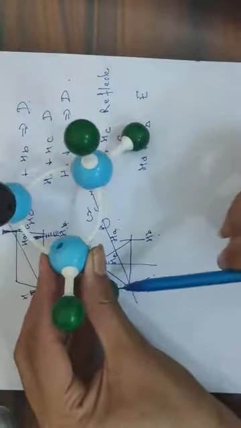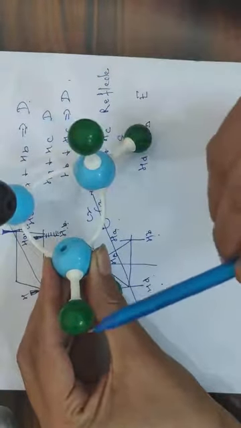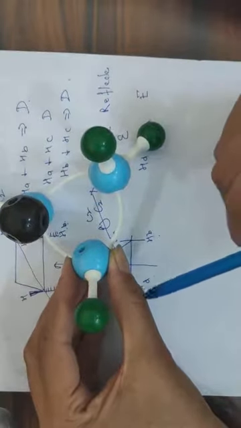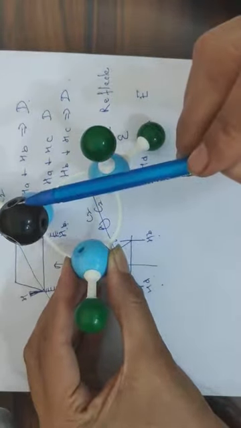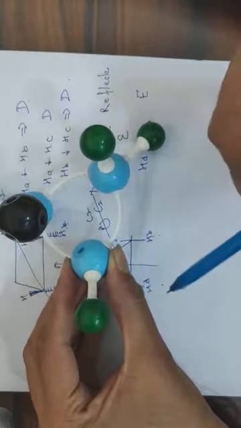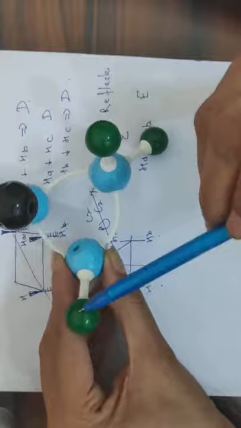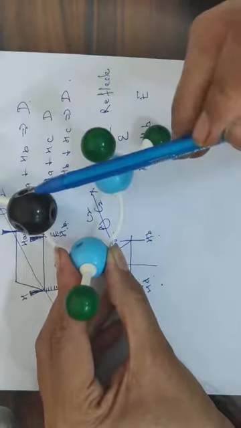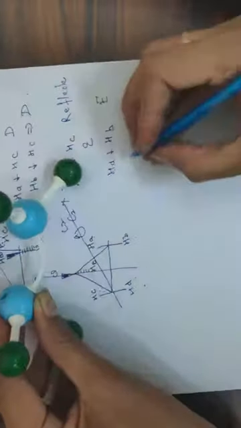what is the relationship between this proton Hc and Hd with respect to this chlorine? This proton is cis with respect to chlorine and this proton is trans with respect to chlorine. It means these are geometrical isomers. One is cis with respect to Cl, the other is trans with respect to Cl.